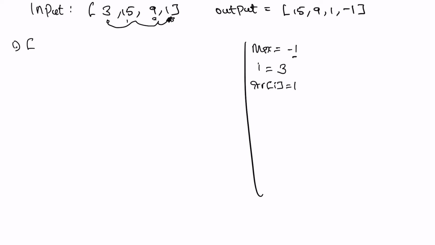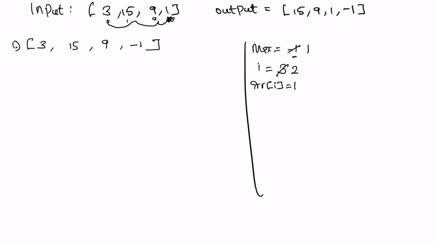So this would be negative 1, 9, 15, and 3. We decrement I by 1, so I becomes 2. But also note that we have a new max value, which is the current value that we saw. So max becomes 1 at this point.